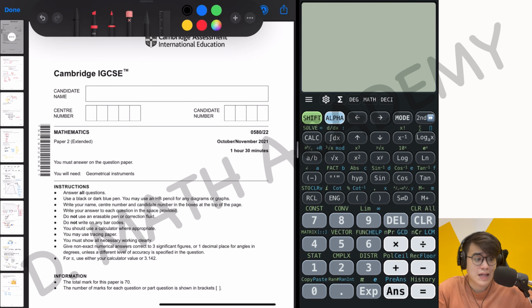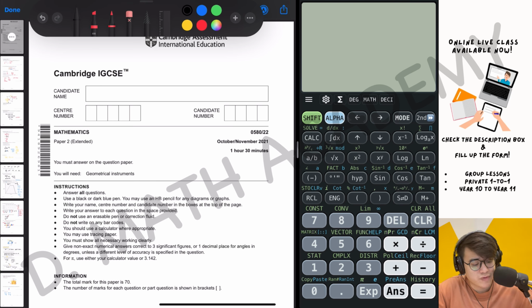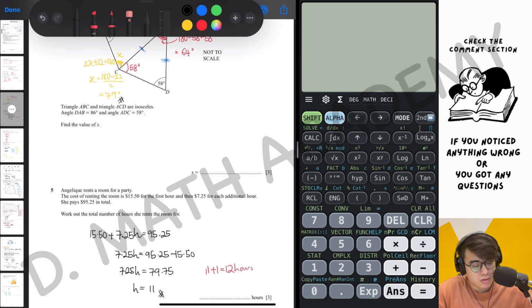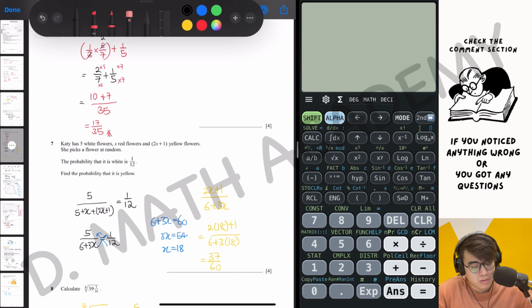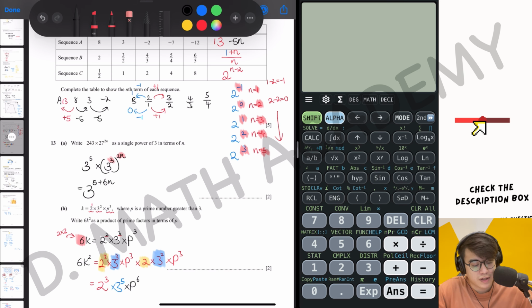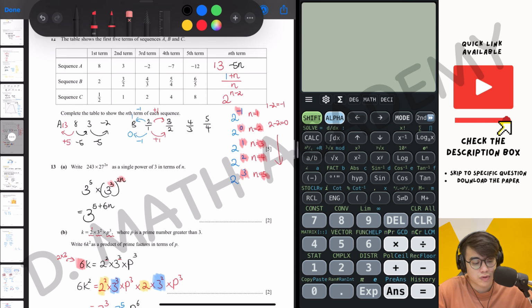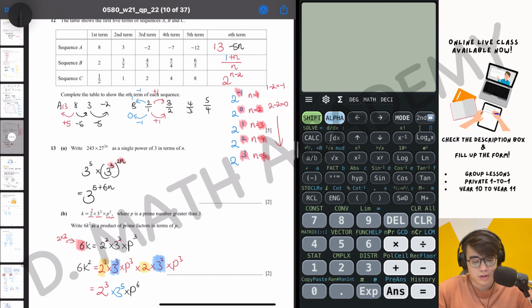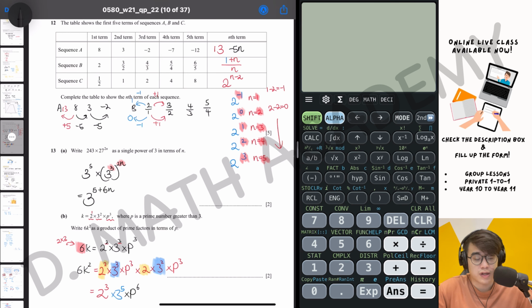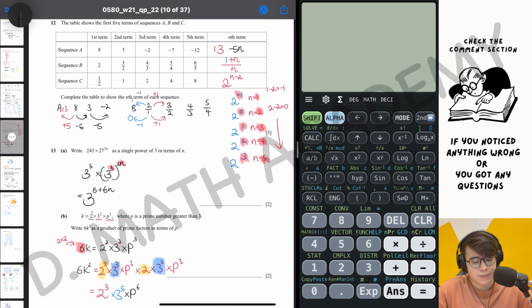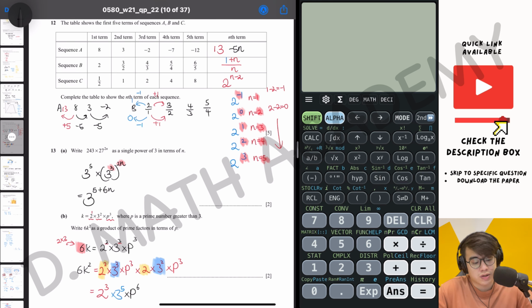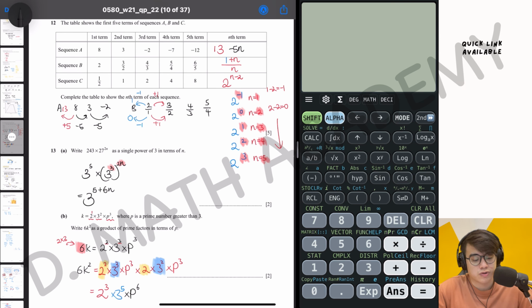So parts that I might find a little bit challenging will be, okay, let me look through it first. Some of you might struggle at question 12 and 13, because of the complicated sequence part from sequence C, and also some of you might not be able to understand what the 13b was trying to tell you.